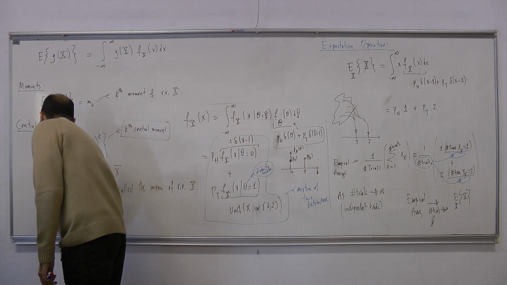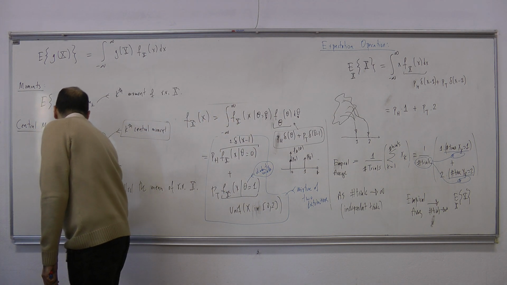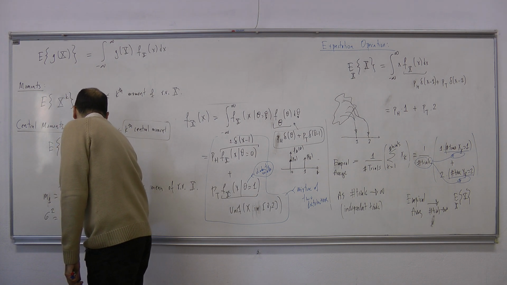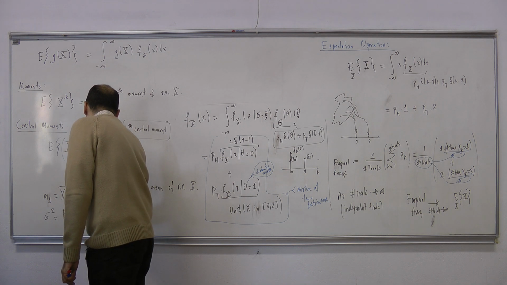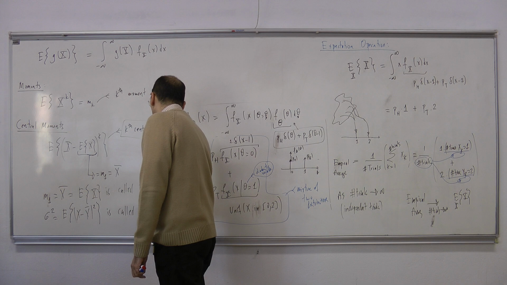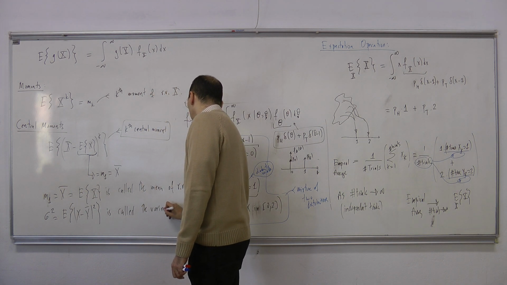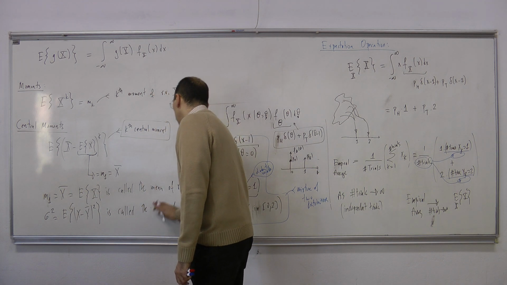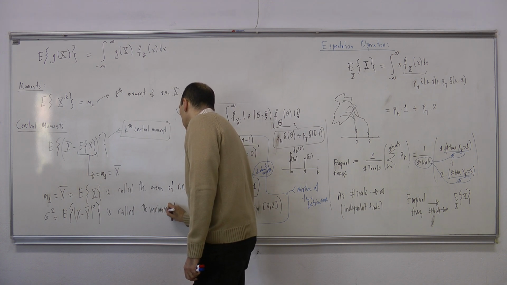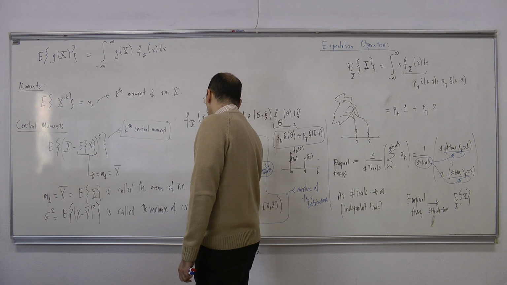So similarly, sigma square, this is the second central moment, expected value of x minus x bar parentheses square, is called the variance of random variable x. Okay.